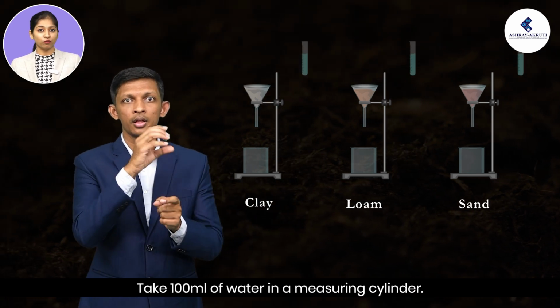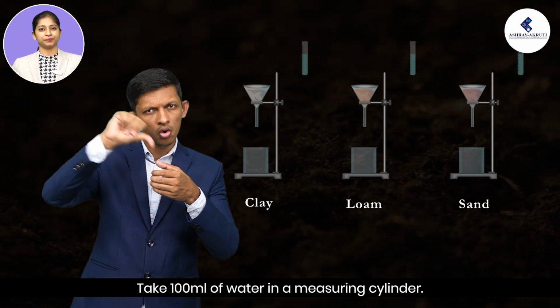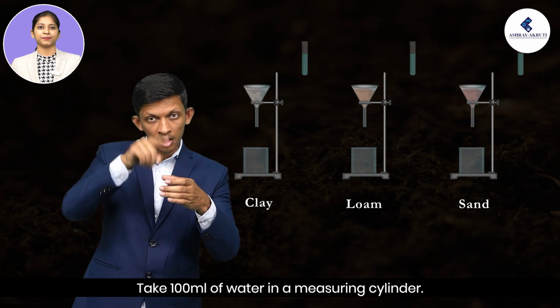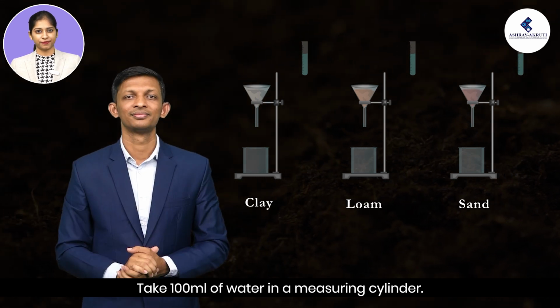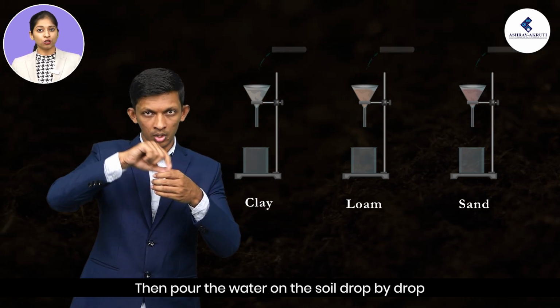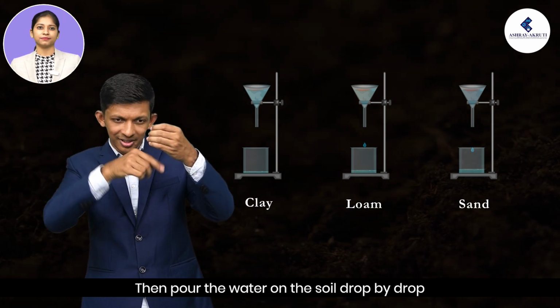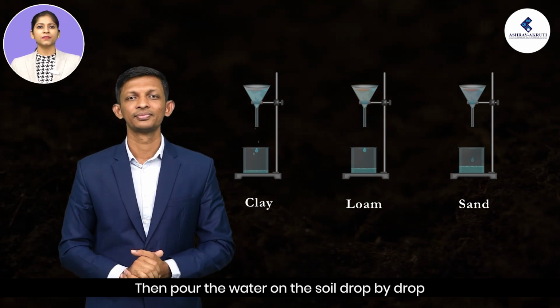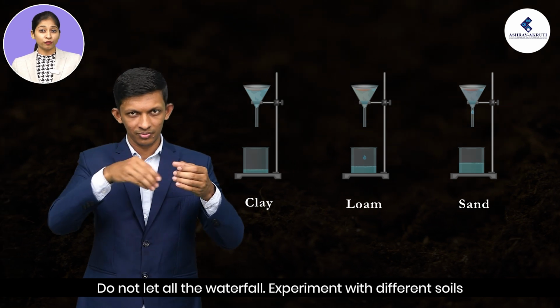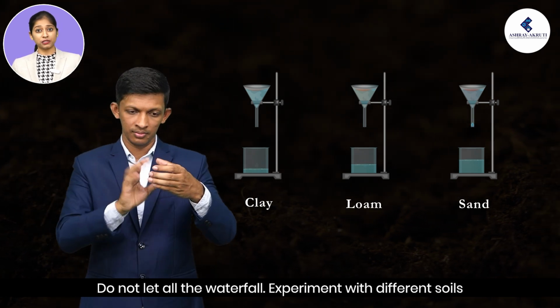Take 100 ml of water in a measuring cylinder. Then pour the water on the soil drop by drop. Do not let all the water fall. Experiment with different soils.